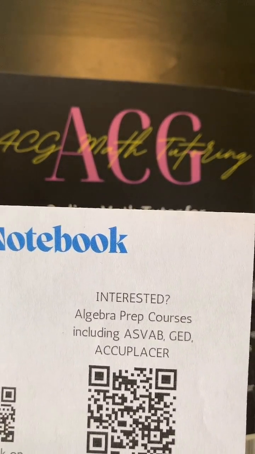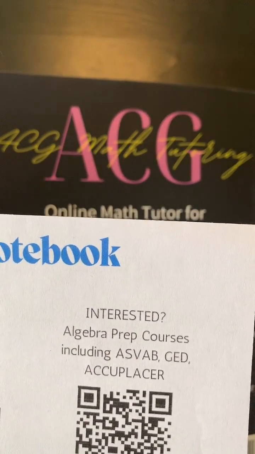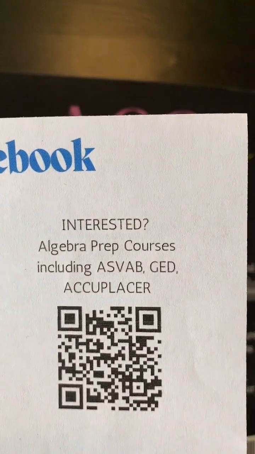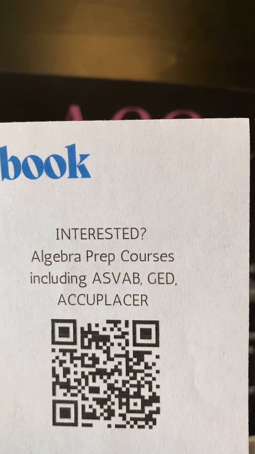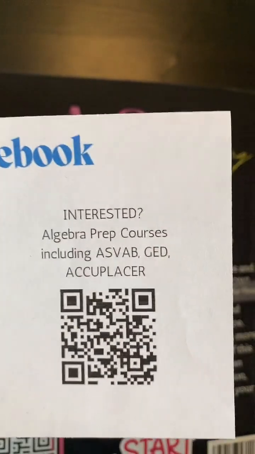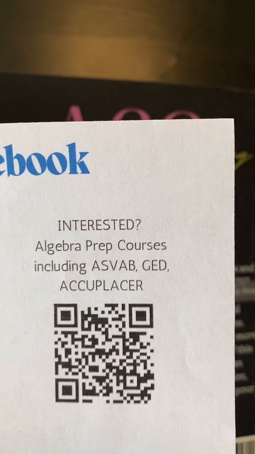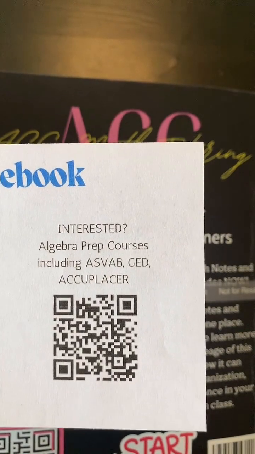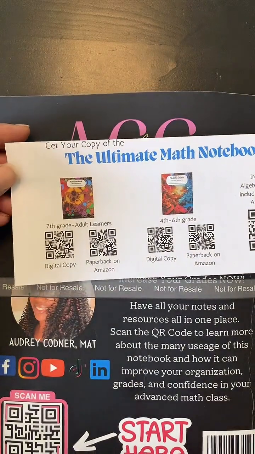So then you can ask your questions while you're doing this. That's the one thing that I see that's missing with a lot of courses: you're great with it, and then all of a sudden you've got a question and they're like, I don't know who to ask. So if you're interested, just go ahead and scan this. It's going to take you to a contact form to fill out, and then I'm going to get in touch with you so we can figure out where you want to go.